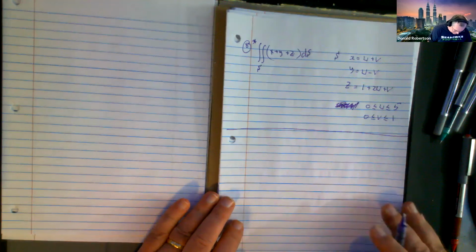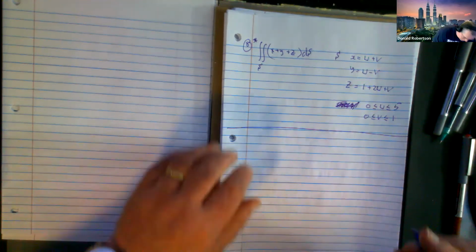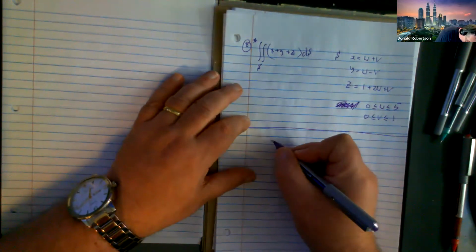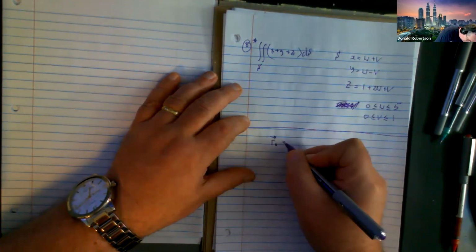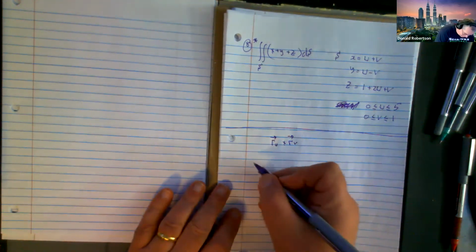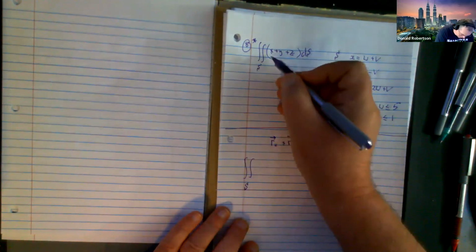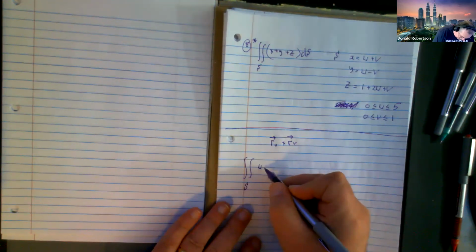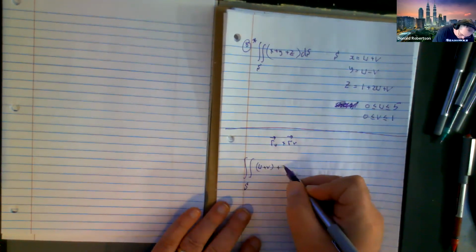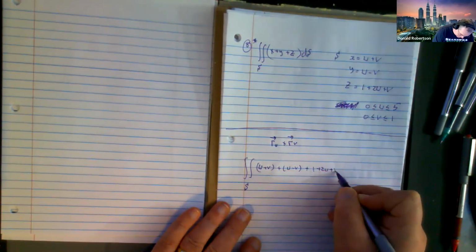Right, now these guys involve a different formula. We need to find that guy, don't we? In fact, don't we have to turn everything into u's and v's? So our answer is going to look something like this. Instead of x plus y plus z, that's x, that's y, and that's z.